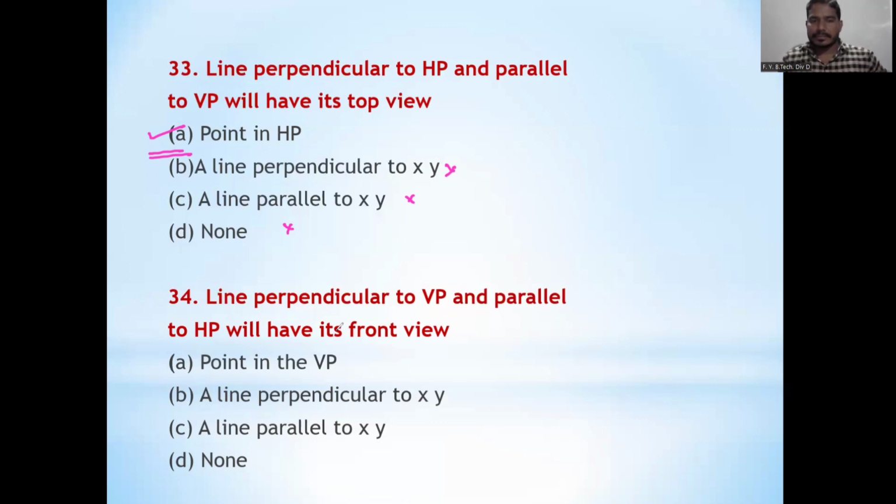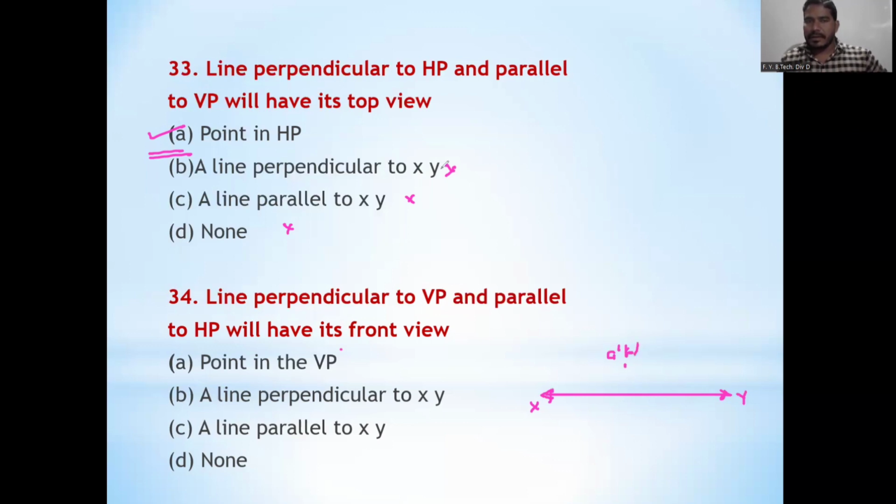So we'll draw here. So this is the x1. As I have told, whatever its front view is, we get a point. So here A dash, B dash.